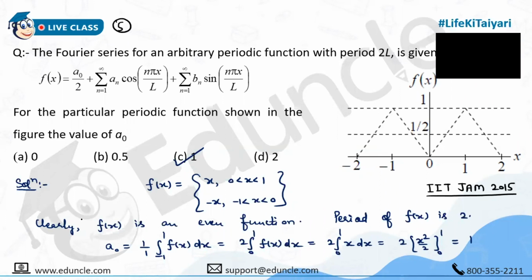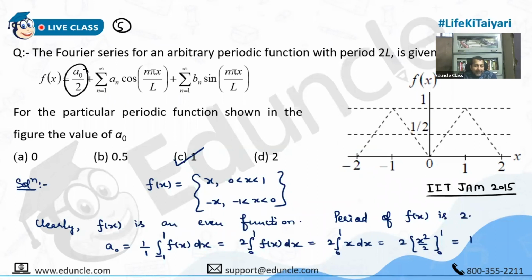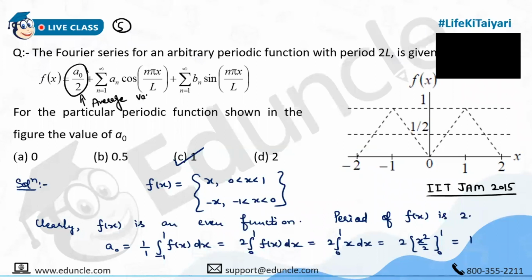And there is one more way. When we studied about Fourier series, we said that this provides us with the average value of the function. So to get the idea about A naught, I can go for the average value of the function.